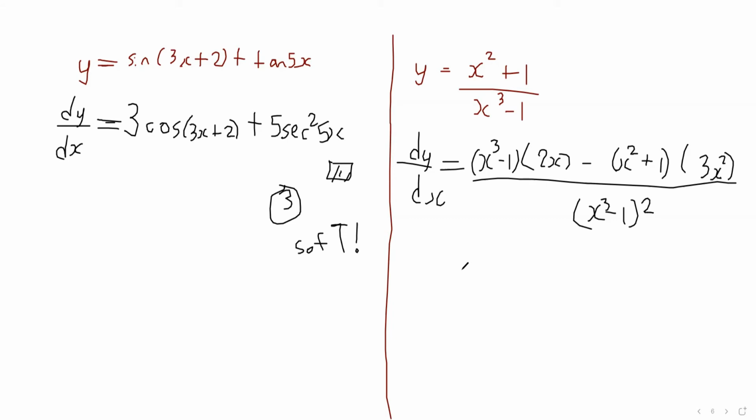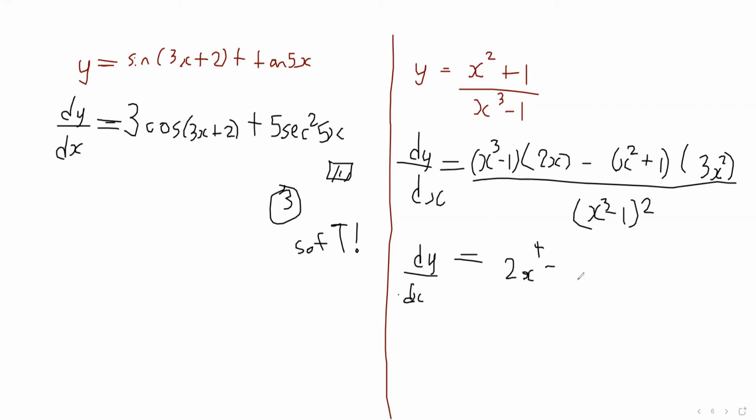So all we need to do now is simplify this. dy by dx is going to be equal to, expanding, 2x times x cubed, that's 2x to the 4, minus 2x times 1, that's minus 2x.